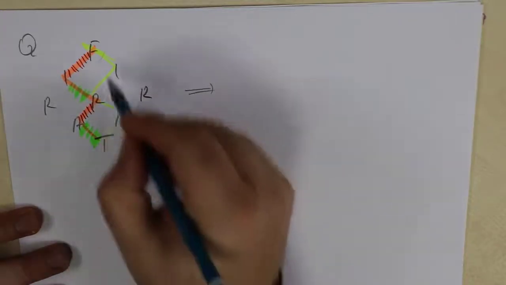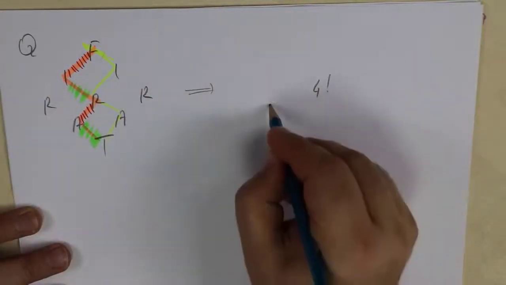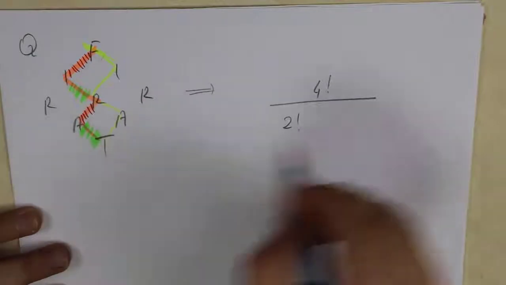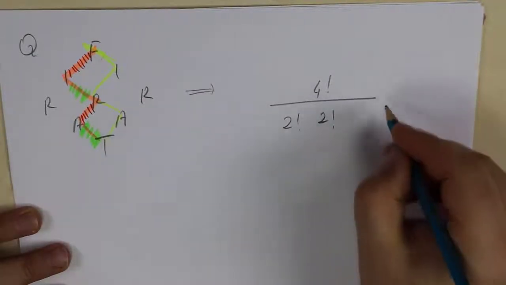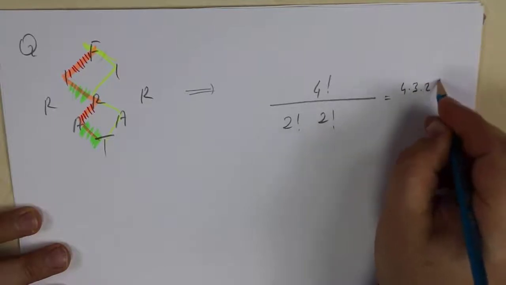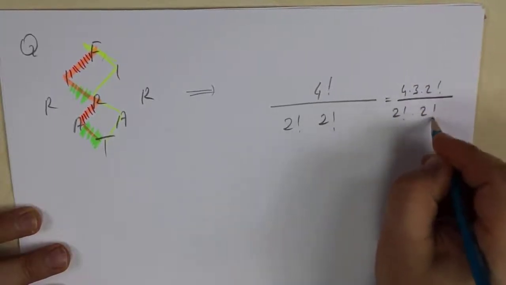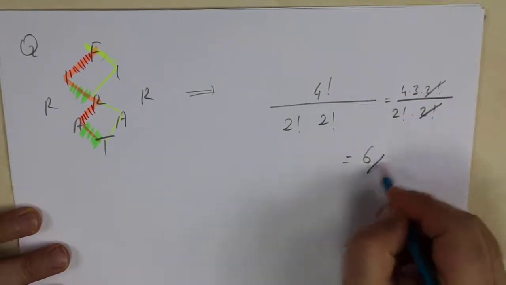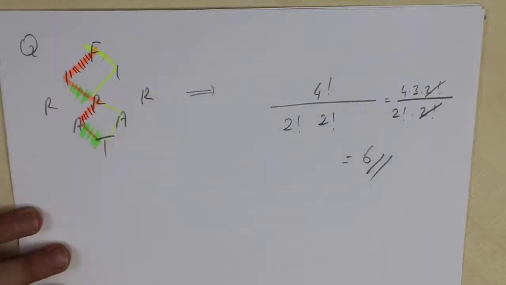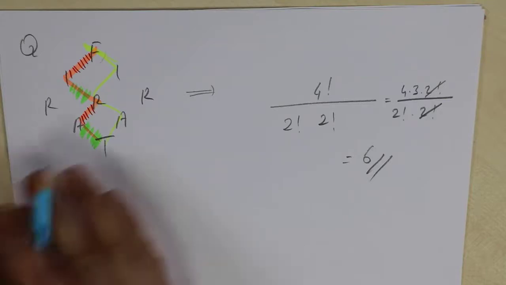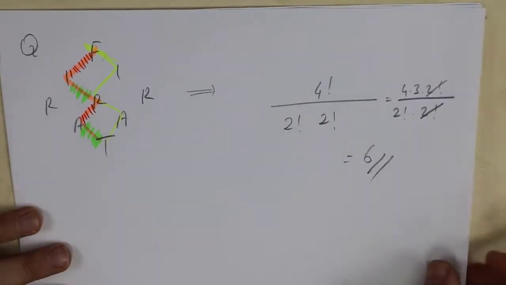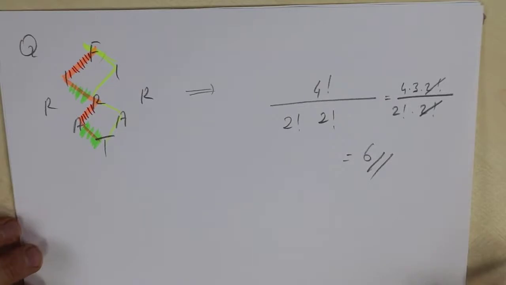This is factorial 4, divided by factorial 2 for the horizontal, times factorial 2 for the vertical. That's equal to 4 times 3 times 2 factorial divided by 2 factorial times 2 factorial, and that's equal to 6. So we have 6 different ways to read the word FRAT.